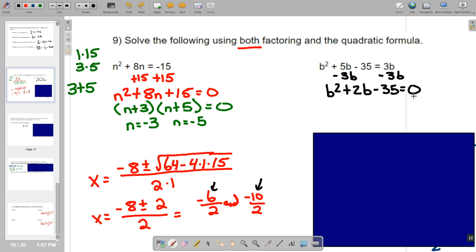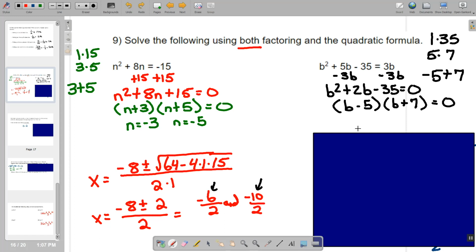Now I'm looking for the factors of 35 that can subtract to make positive 2, which is -5 and positive 7. So I'm going to do b minus 5, and I'm going to do b plus 7 equals 0. So then my answer is b equals positive 5 and b equals -7.